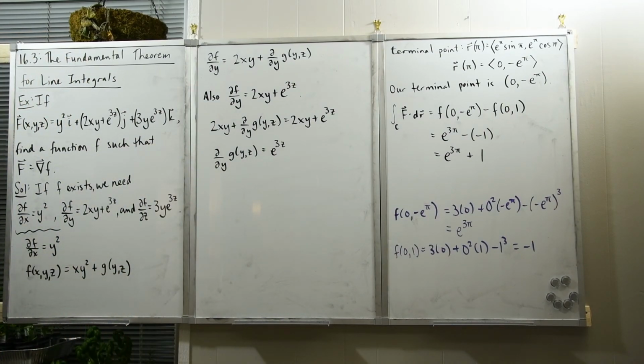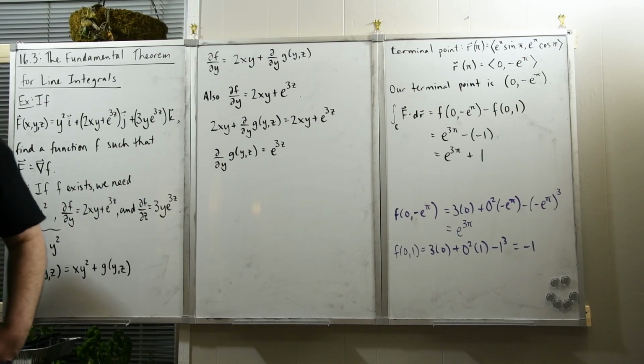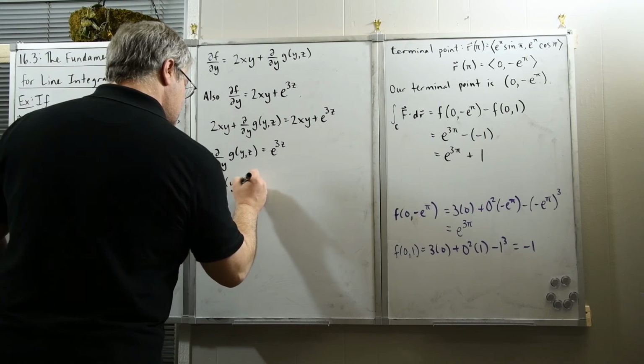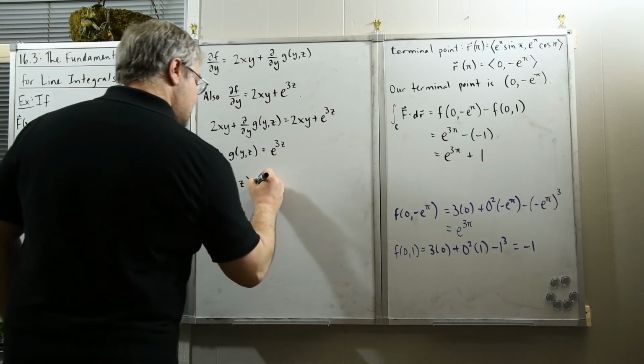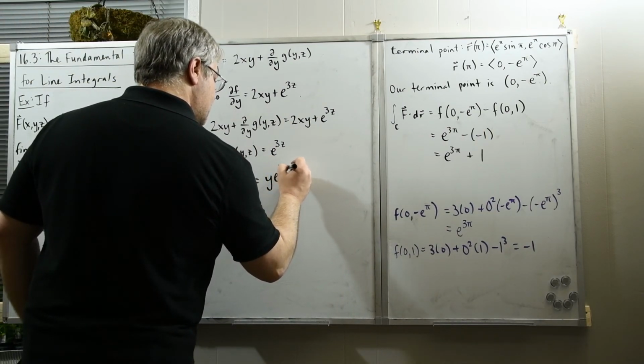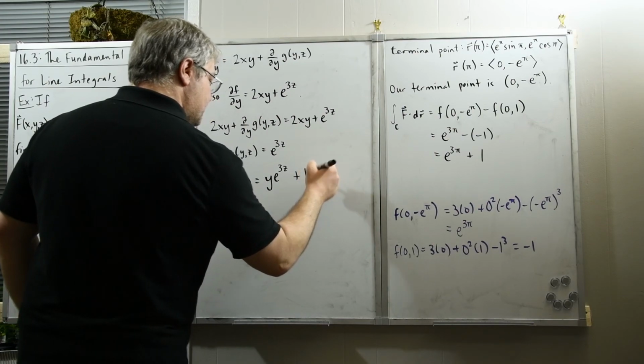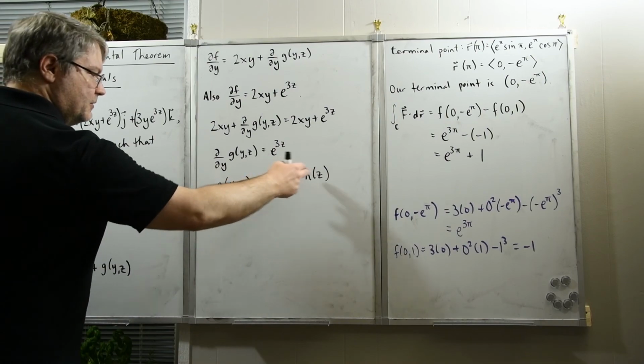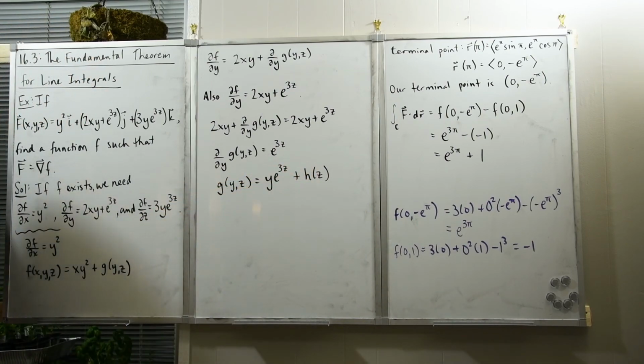And so we think about, well, what does that tell us about g of yz? Well, what it tells us is that g of yz, if you integrate with respect to y, you're going to get a y e to the 3z plus some sort of constant we're going to call h of z. Because remember, if we take the partial of this thing with respect to y, the h of z differentiates to 0. And so now we have a little bit more information.